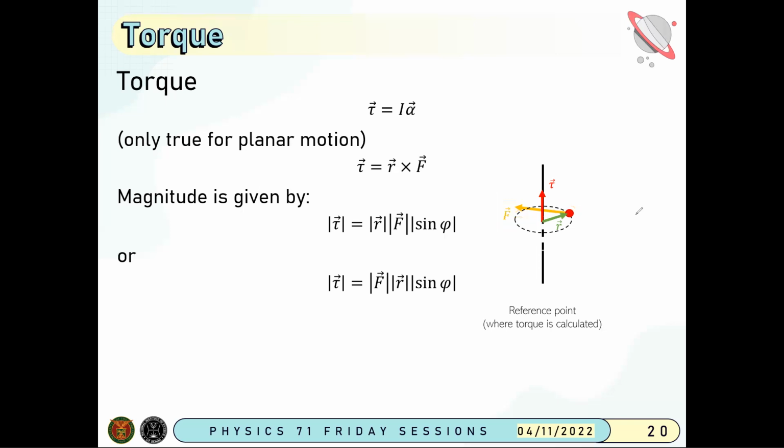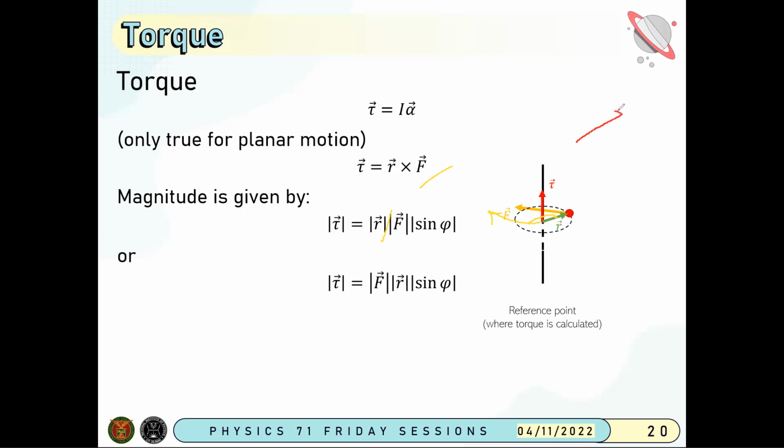Okay. Now, following from our definition of vector product kanina, cross product of vectors, right? So pwede rin natin makuha yung magnitude ng torque. Right? So magnitude ng torque is just the magnitude of the radial vector r times the magnitude of the force times the sine of the angle phi between them. So again, if this is F, pwede natin siyang i-move here, tail to tail, and this will be your phi.